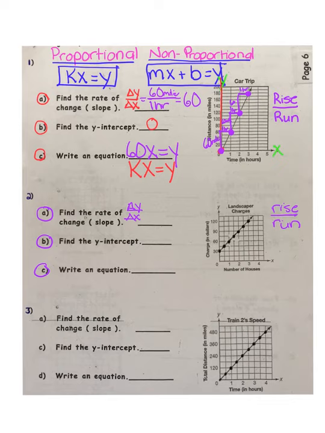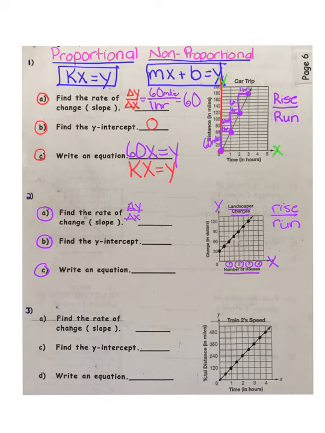If you look at this particular graph, the title is Landscaper Charges. Across the bottom, our x-axis is the number of houses. And you can see that 2 blocks represent 1 house. 2, 3, 4. And up the side, charges in dollars along our y-axis.